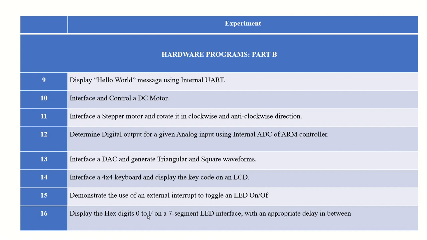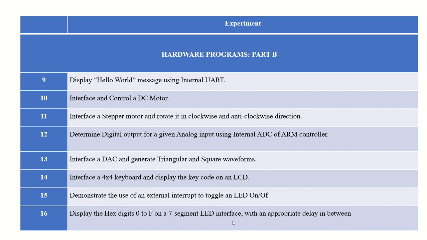Then the last experiment in the hardware programs is displaying hex digits. Hex digits means hexadecimal numbers. Hexadecimal numbers are 0 to F: 0 to 9, then A, B, C, D, E, F. These numbers we have to display on the 7-segment LED, which is also there in the evaluation kit, with delay.